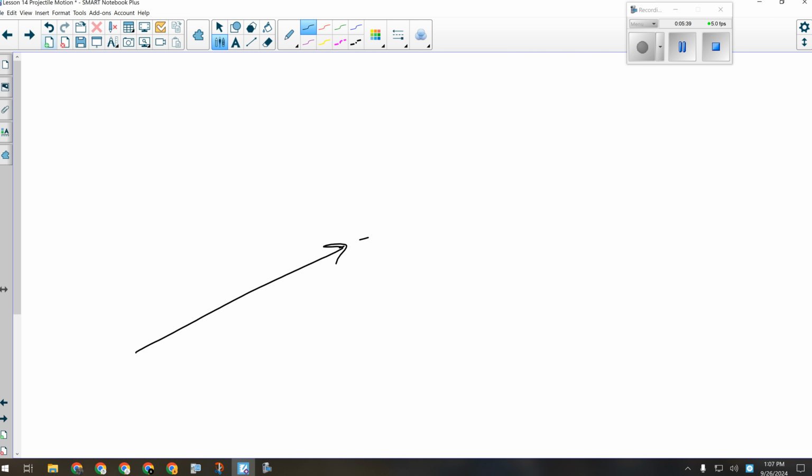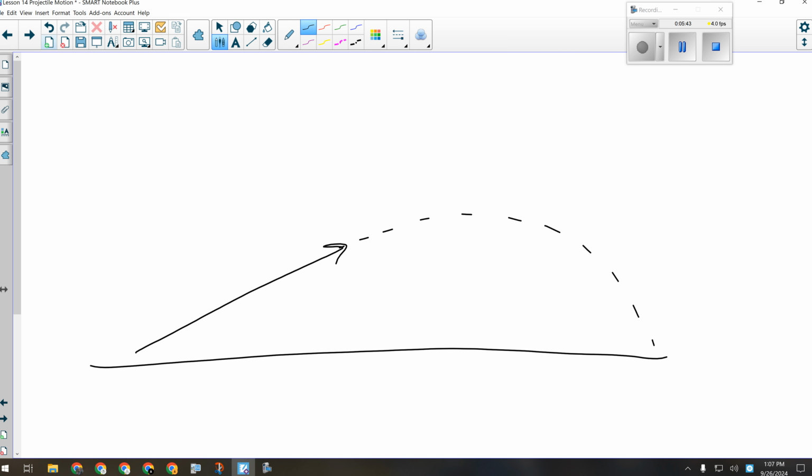It's going to make a projectile arc that will come back to the ground. If you're ever playing with a hose, like I think I used this example before, if you're shooting, the water will make that arc. Anything makes an arc like that. Throw anything, and it'll make that arc. Can you ever throw something and have it go straight horizontally?